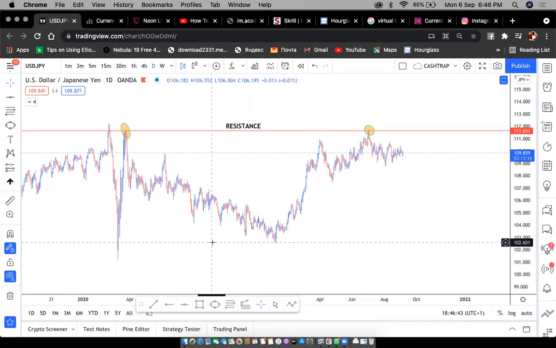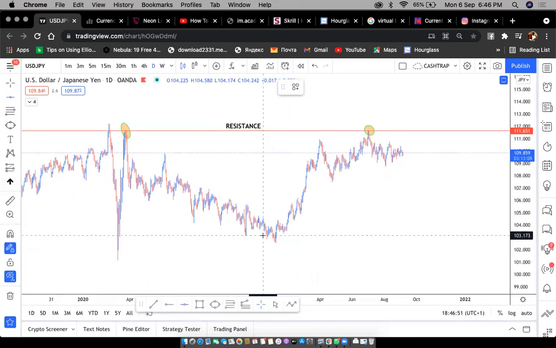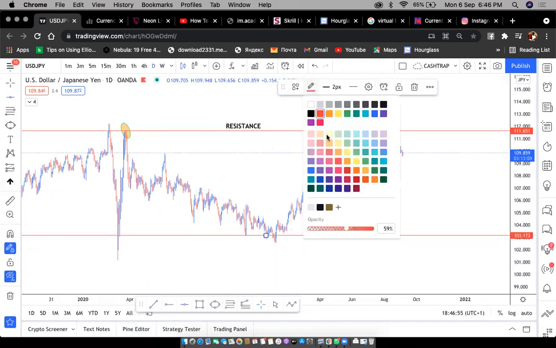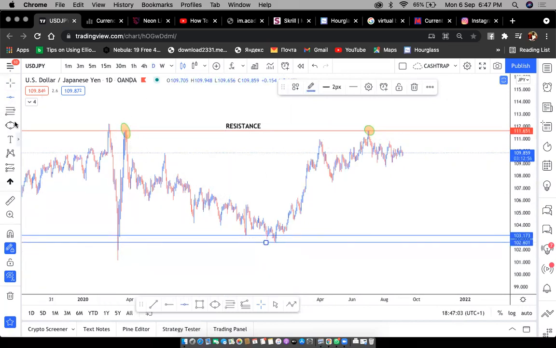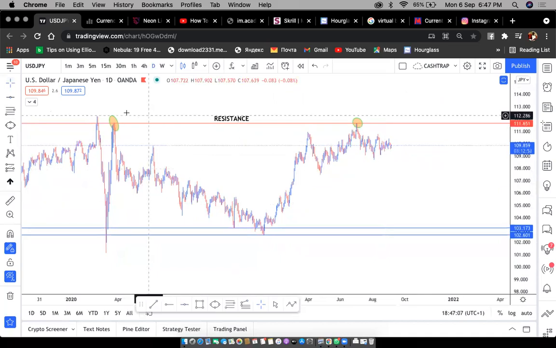I see a support here. Okay, I see a support right here, but I want to take this one. I want to take a support that has many touches. The more the touches, but the lowest point price got to was here. That's the lowest price got to after leaving here.